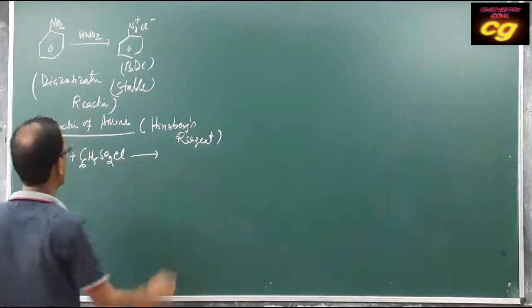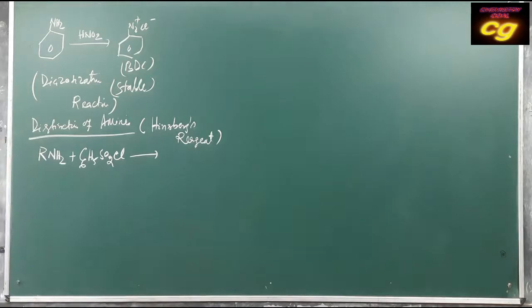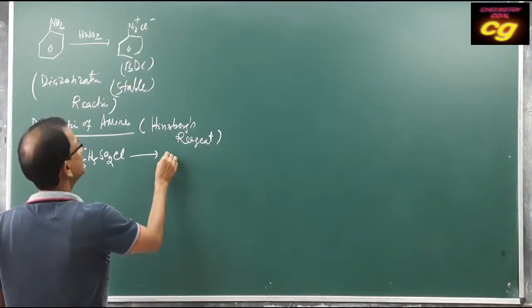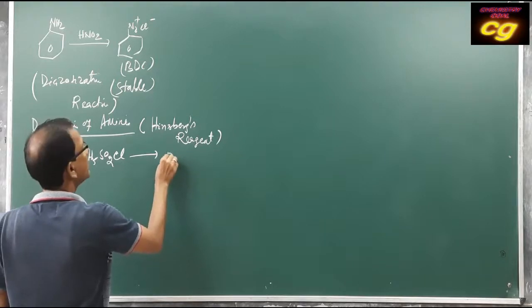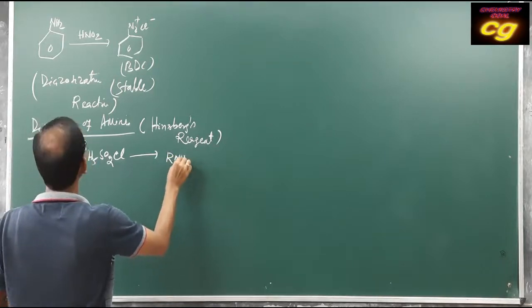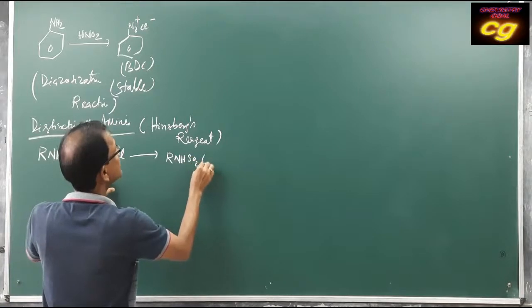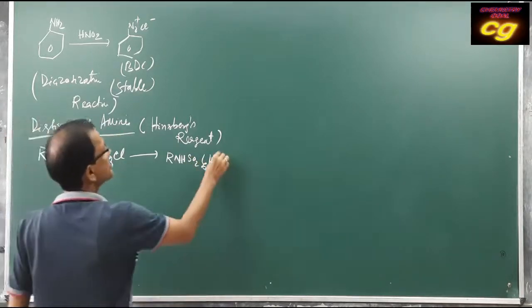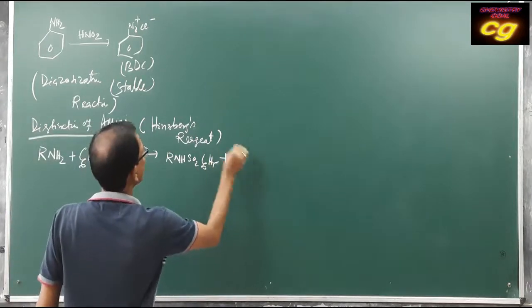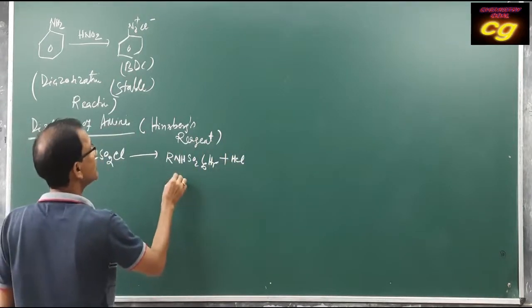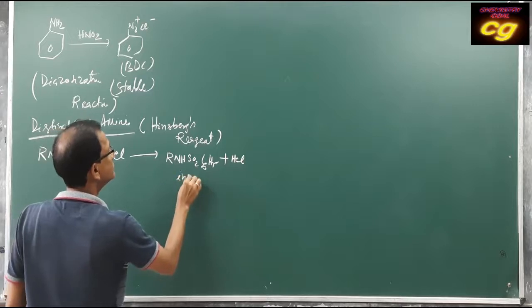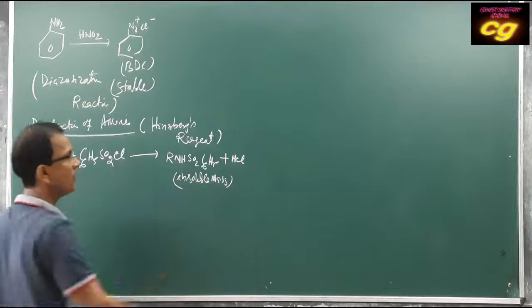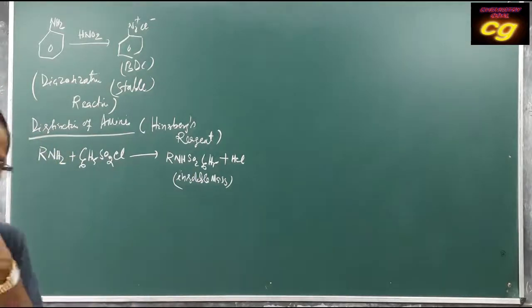It first produces an insoluble derivative, RNHSO2C6H5, plus HCl. An insoluble mass or precipitate is obtained.